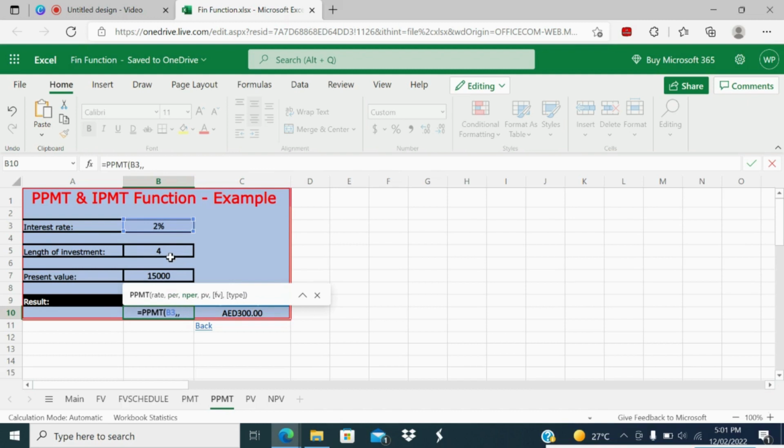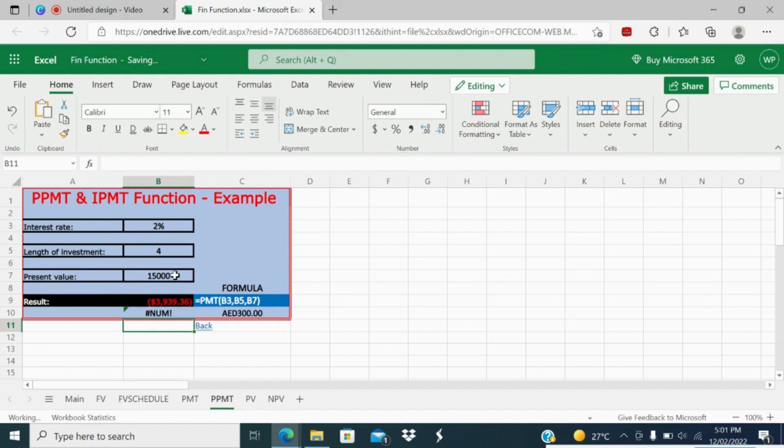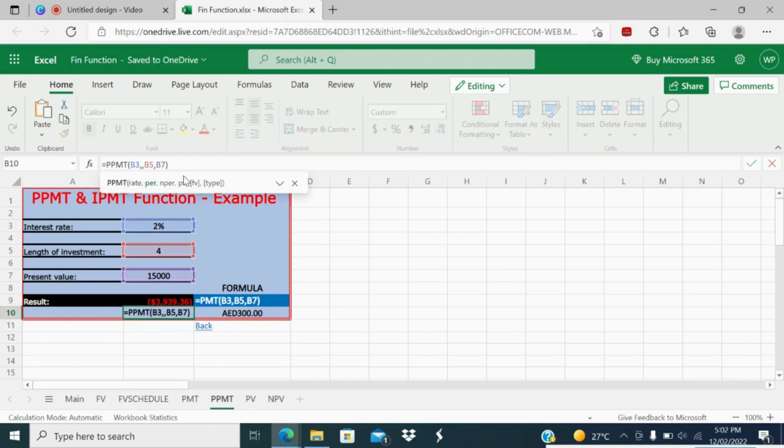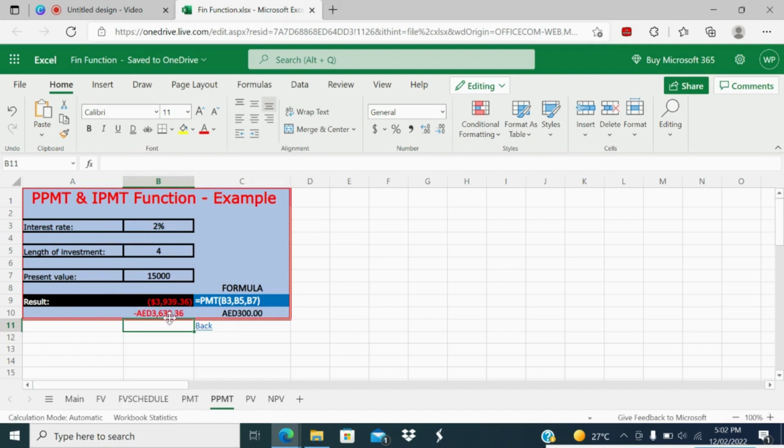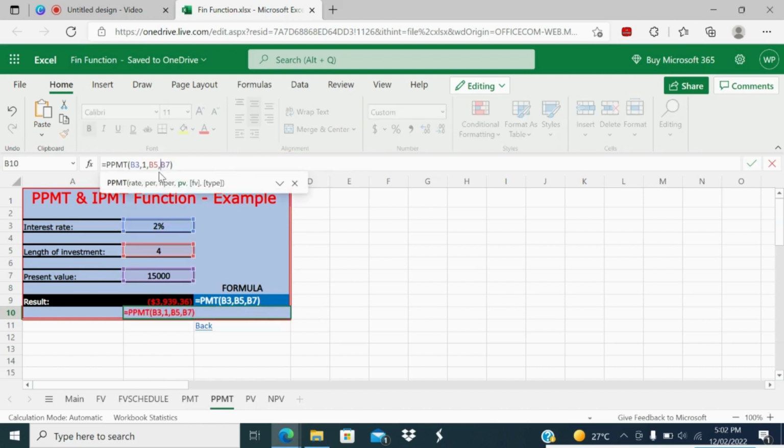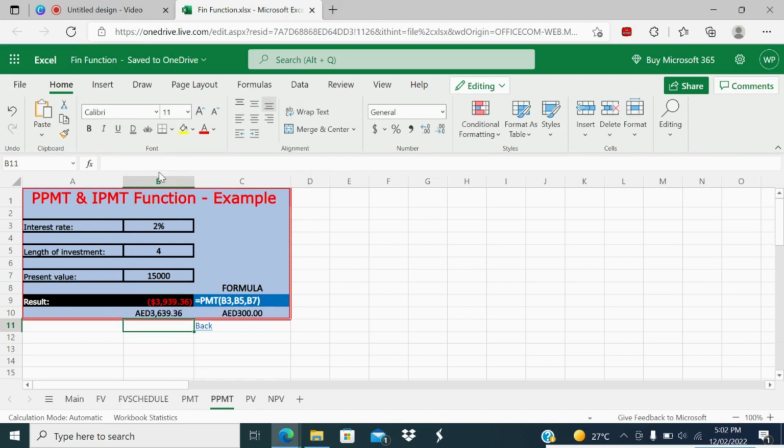NPR is length of investment, comma, present value is 15,000, and I'll close the bracket. So I'll consider it as a 1. So you will get the answer 3,639. So your value is giving minus. So in order to make that value positive, before present value, I will just put the minus sign. So your value will be positive.